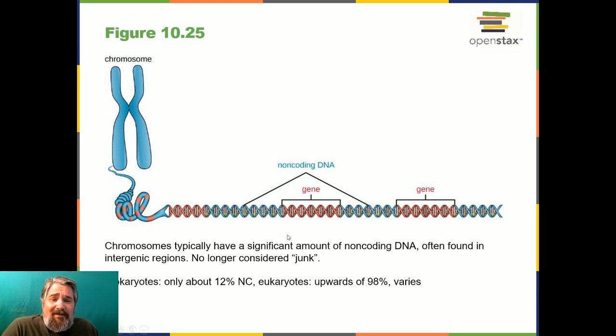We don't talk about junk DNA anymore. Junk DNA. Oh, well, that says prokaryotes under there. Okay. Prokaryotes only tend to have about 12% non-coding DNA. That's what we call it now, non-coding. Eukaryotes have upwards of 98% non-coding DNA. These are typically found in intergenic regions, as pictured here. So this is non-coding.